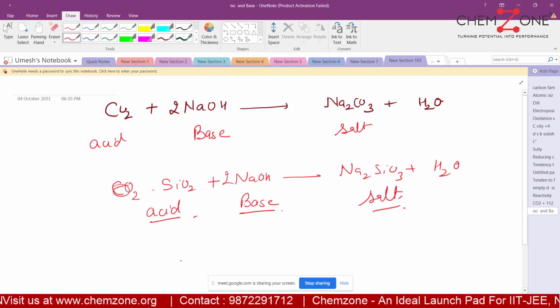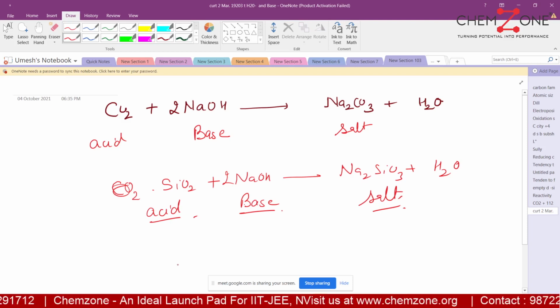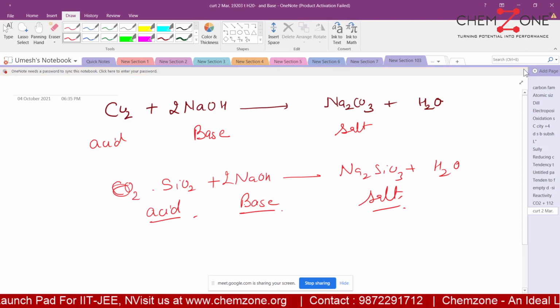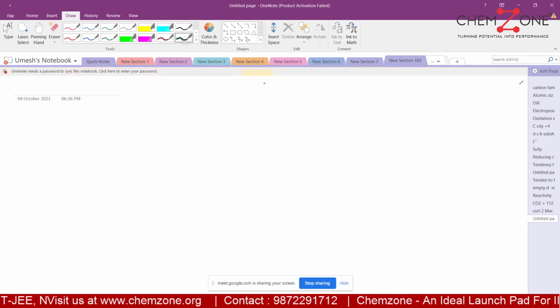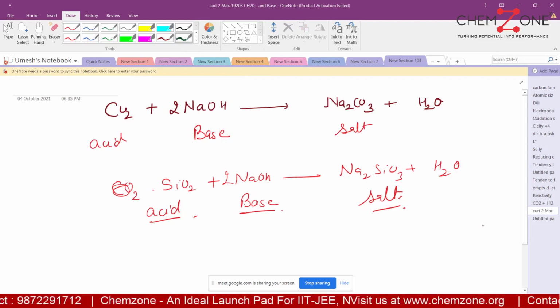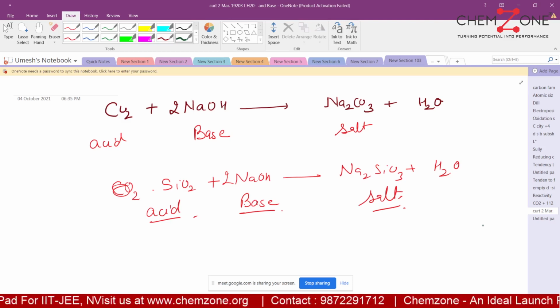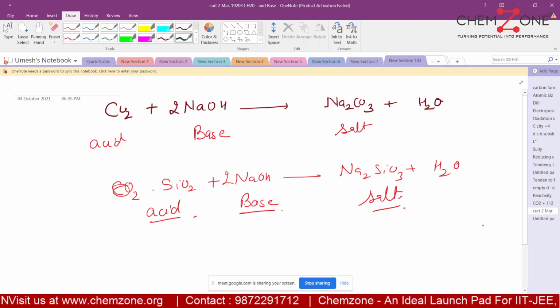Again, I'm proving here that silicon dioxide is an acid. Note it down.